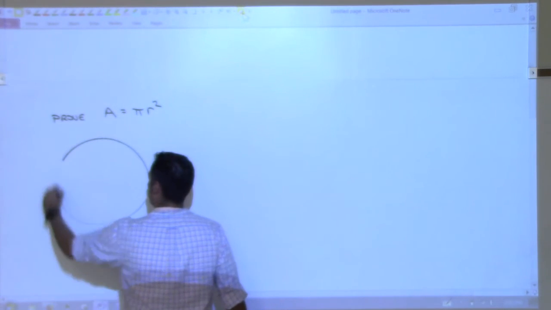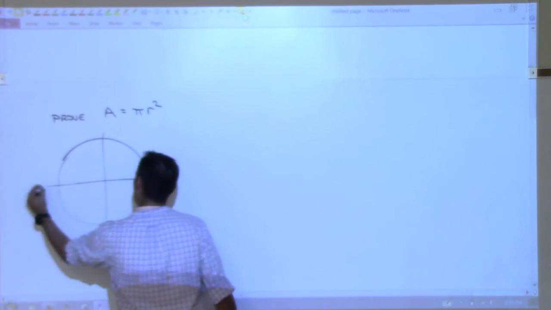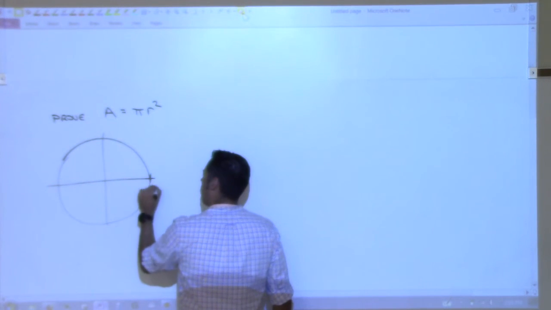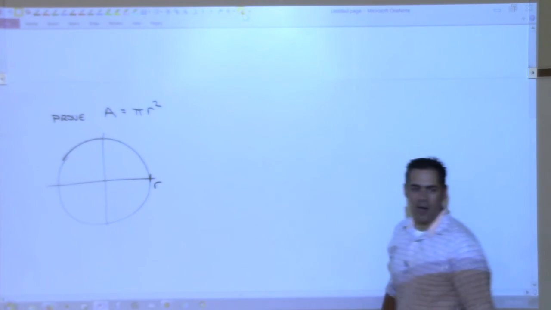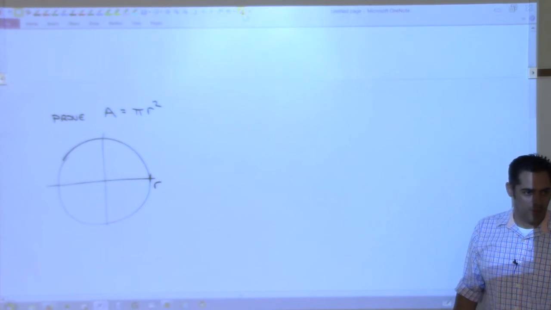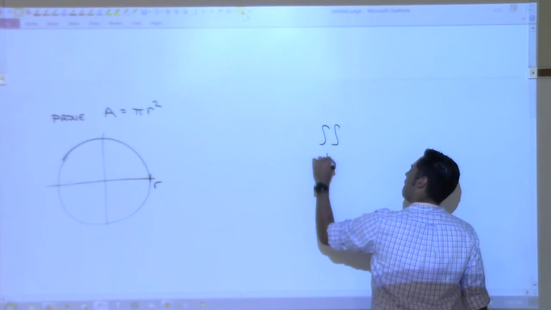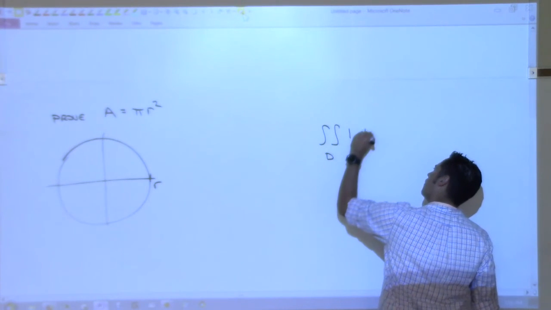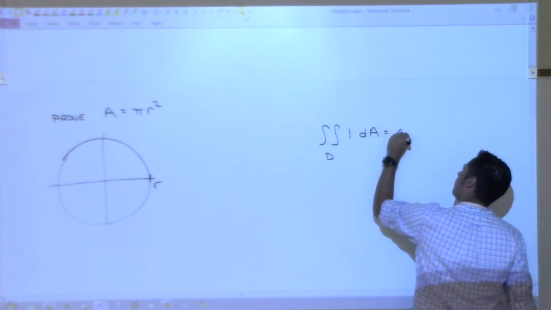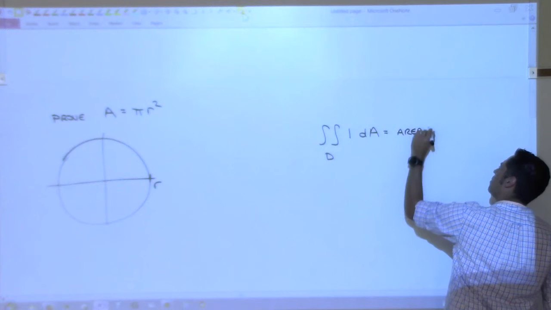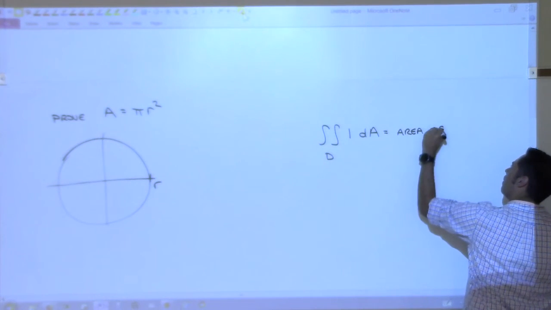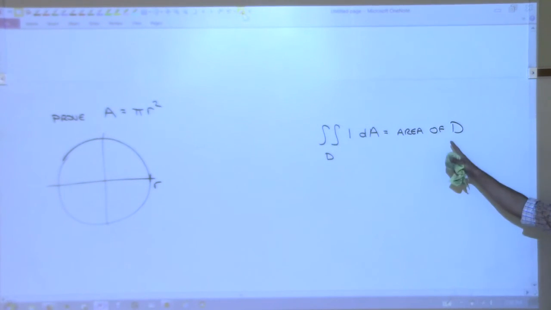Okay, if I have a circle of radius r, I want to prove that the area is pi r squared. The way I'm going to do this is using this idea. Remember I told you to put this on the back burner?